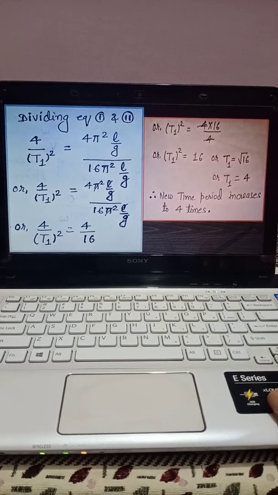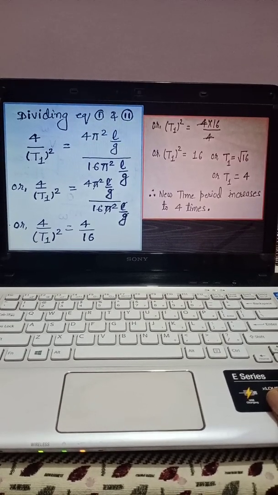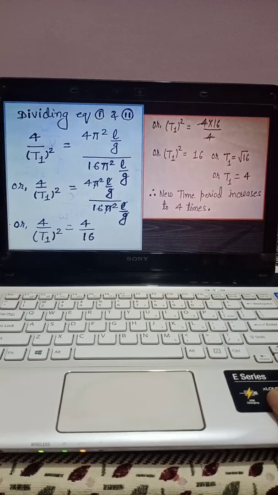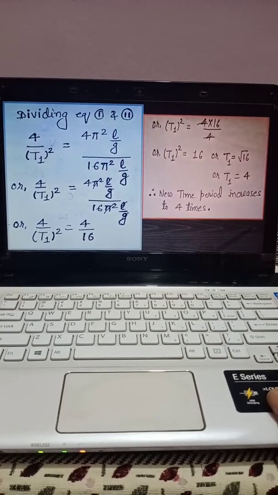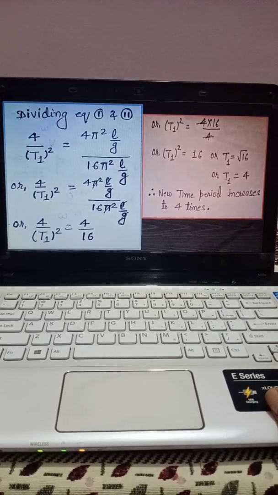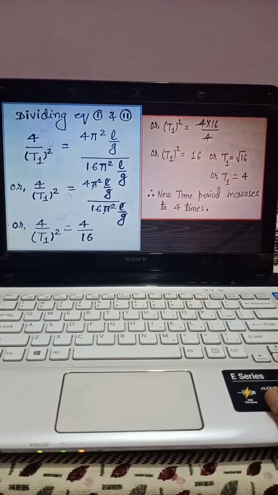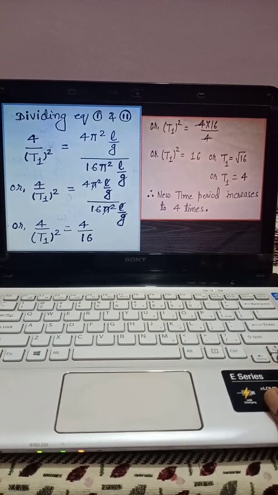Earlier, for the second pendulum, it is normally 2 seconds, but when the gravity falls to 1 by 4th, we got the new time period as 4 seconds. It means that the time period increases.